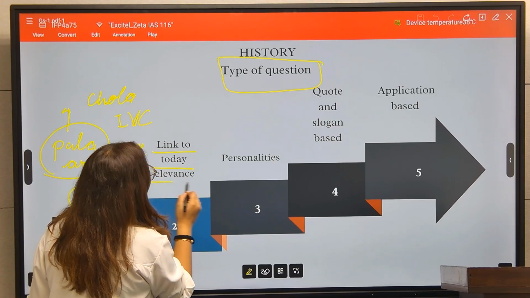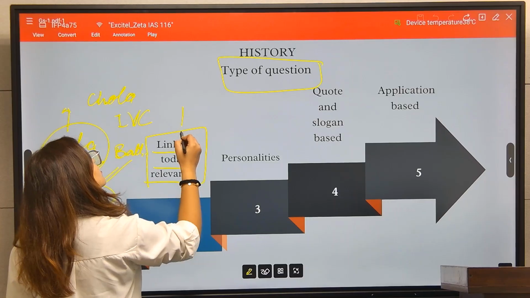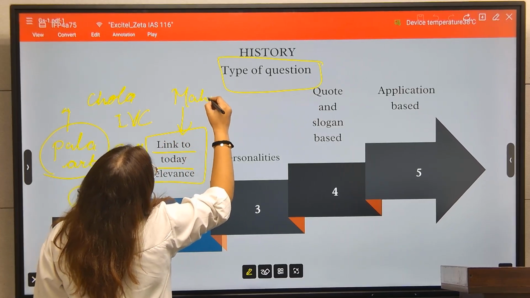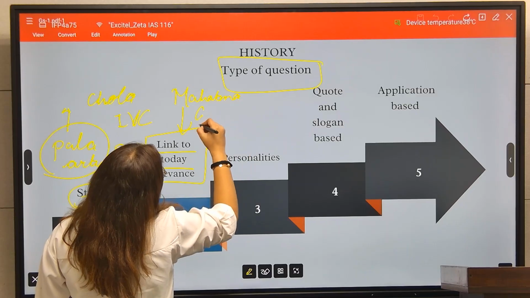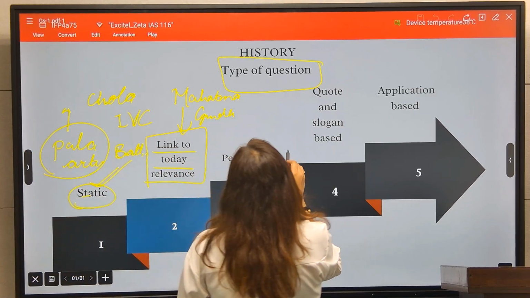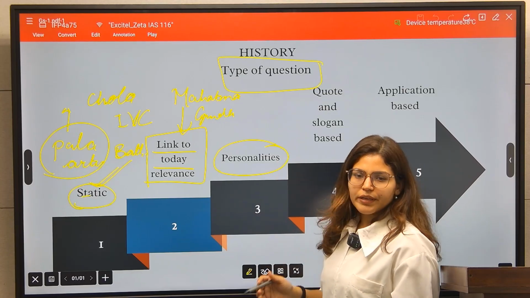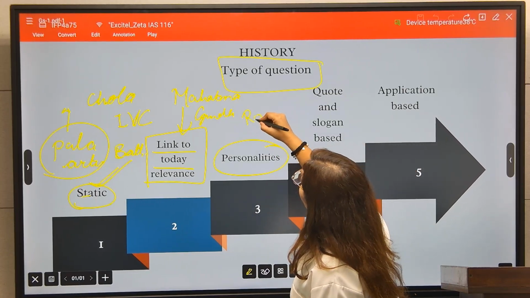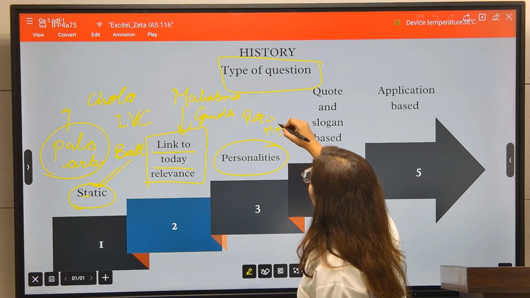Second, links to today's relevance. In history, there is also a type of question like Mahatma Gandhi's thoughts and their relevance today. Also, personalities like M.K. Gandhiji were asked many times. Recently, Rabindranath Tagore and M.K. Gandhiji were asked.